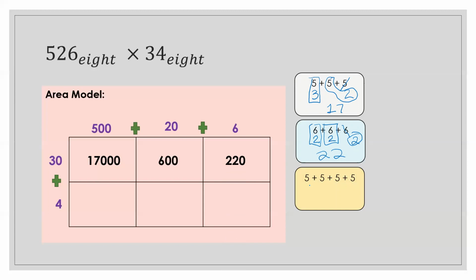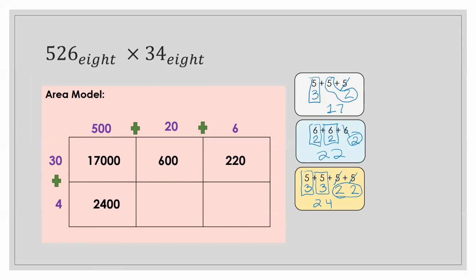Okay, so each 5 right here is going to need a 3 to get to a full group of 8, and I'm going to take that out of there, so there's a 2 left. Therefore, I have 2 groups of 8 and 4 singles, so that would be 24. Therefore, we have 2400 in that box.